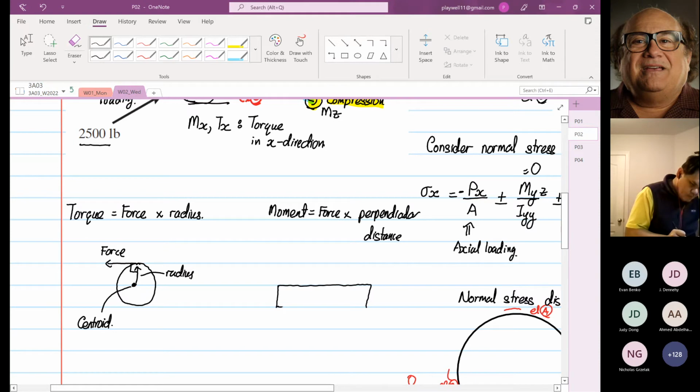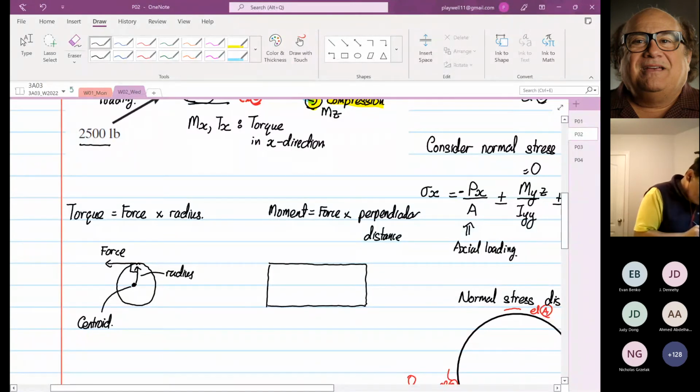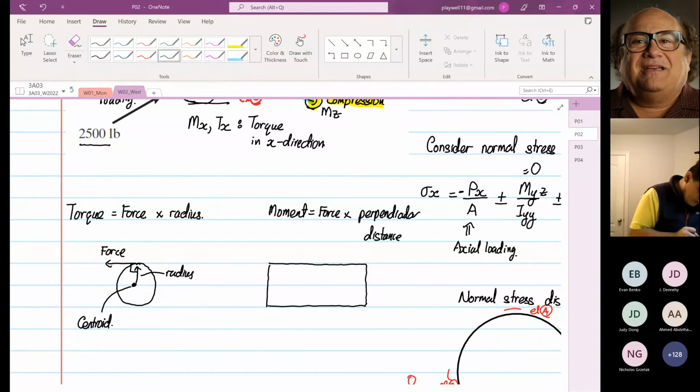Let me draw the same size, and then let me highlight the centroid.